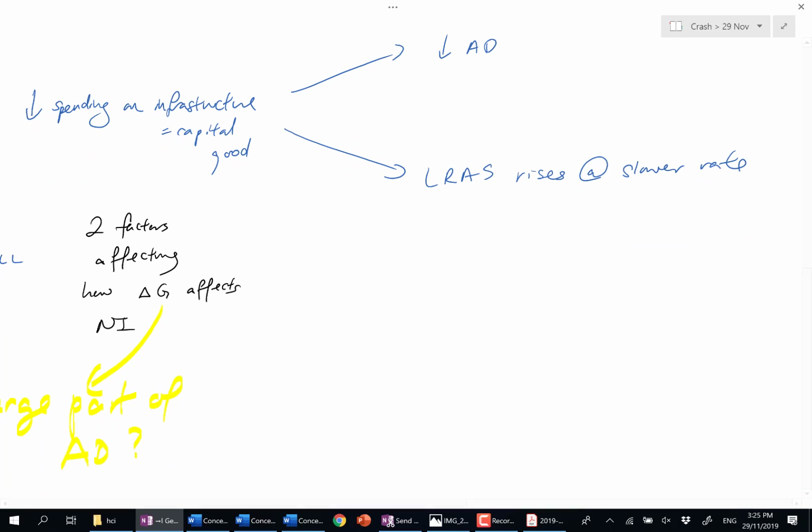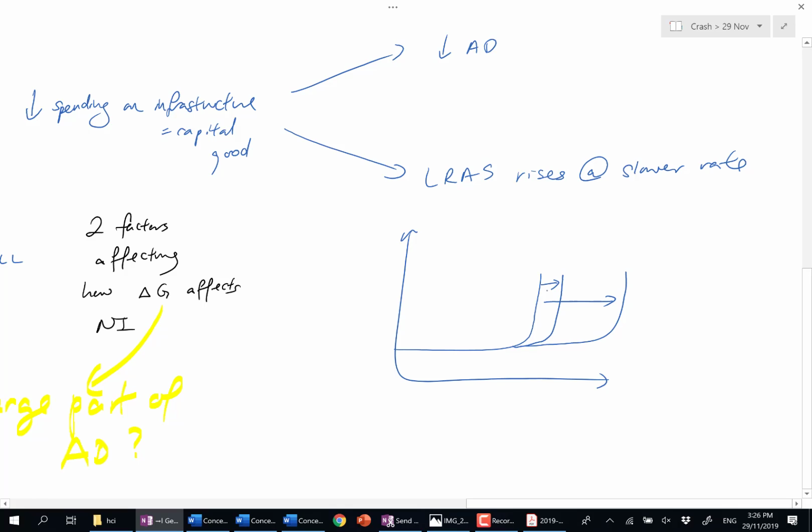Wow, what's going on? You see, how come it rises at a slower rate? Now let's go back to this thing. Okay, if the government spent $100 million last year, when they cut spending, they probably spend $10 million. You're still adding on to your capital stock. You're just adding less. It's not like they're ripping out the lampposts, they're tearing up the roads, so it shouldn't shift to the left. A leftward shift is only for something quite disastrous.